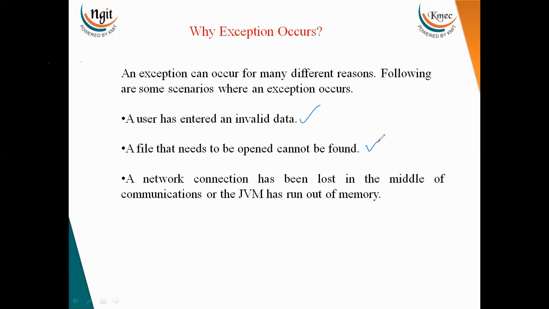And if the JVM or the system is running out of memory, then the JVM will raise an out of memory error. These are all the different scenarios where an exception will be raised, right?